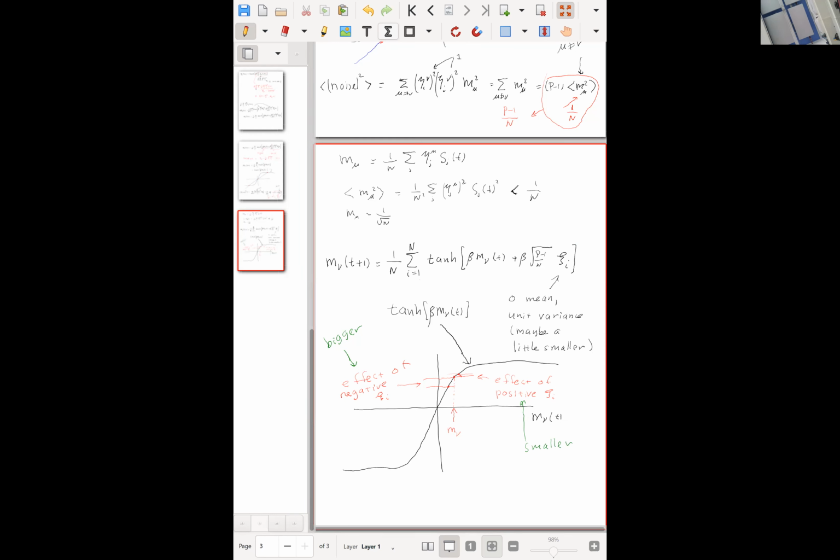Okay. So over here, the effect of this noise, the effect of averaging all these other random patterns, is to pull this down. So this is the net effect. Basically what happens is after you do the averaging, this thing smooths out.